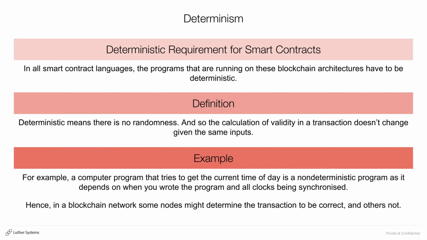It requires clocks being synchronized, and as a consequence, in a blockchain type network, that transaction would not deterministically validate, because some nodes may determine that the transaction is correct and others may determine that it's not.